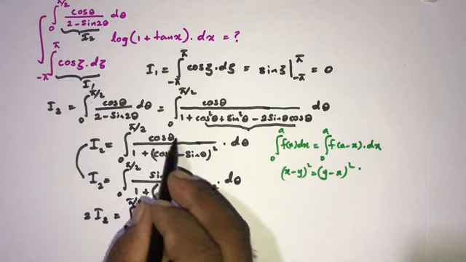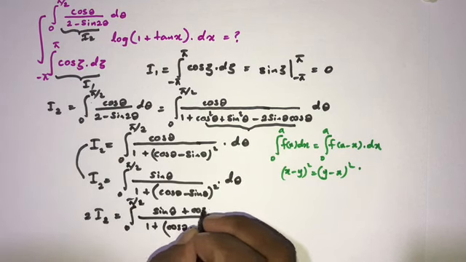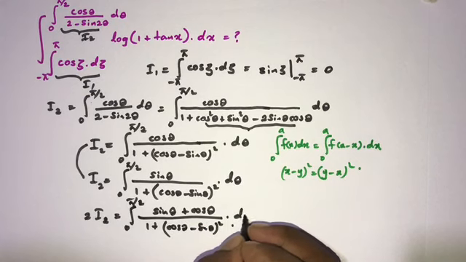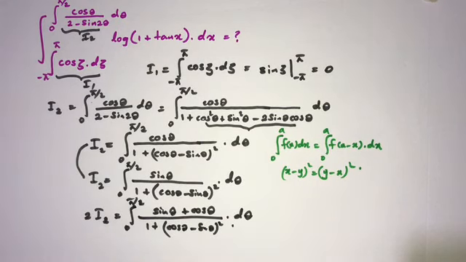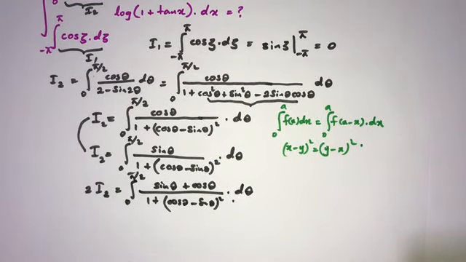Here in the numerator we will have sine of θ plus cosine of θ dθ. Okay, now what can we do? Now here if we take the antiderivative, we can evaluate this integral easily.